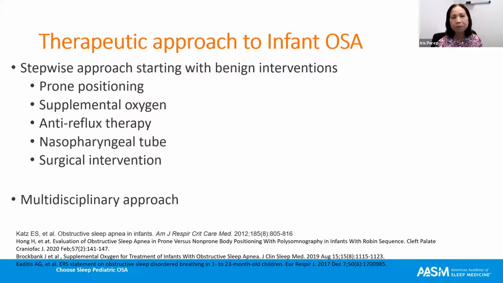This may include prone positioning in infants with Robin sequence, keeping in mind the risk for SIDS in younger infants, supplemental oxygen, giving anti-reflux medication in light of the increased comorbidity of gastroesophageal reflux in this age group, placement of nasopharyngeal tube, and last would be the surgical intervention.